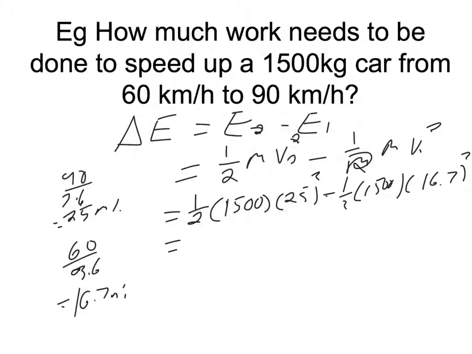Let's write that down. 468,750 minus 0.5 times 1500 times 16.7 squared is 209,167.5.